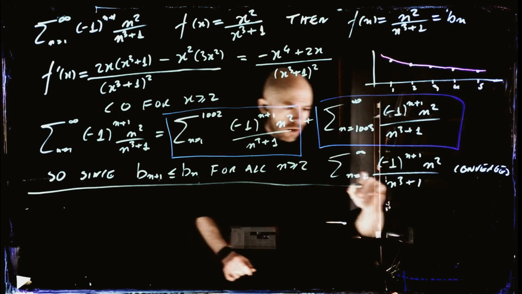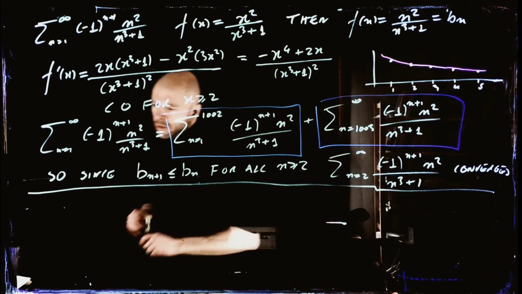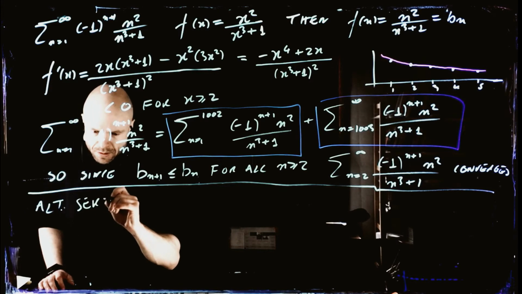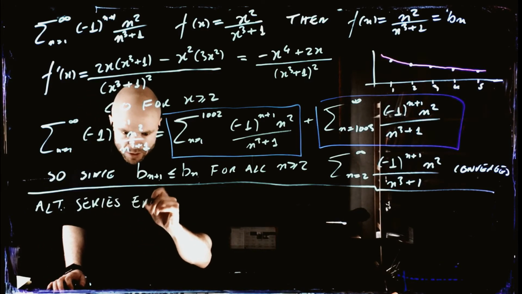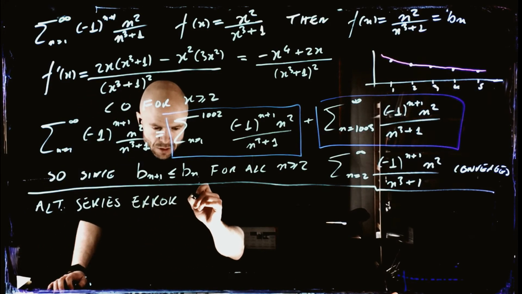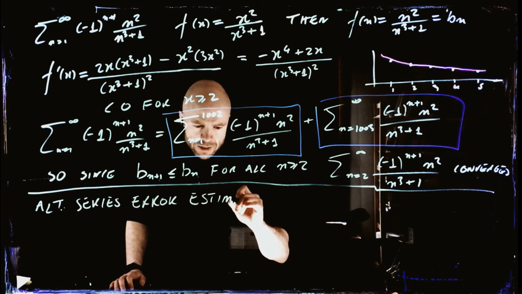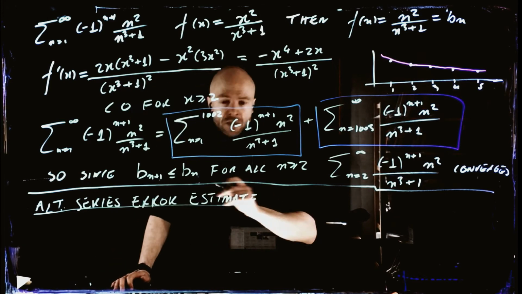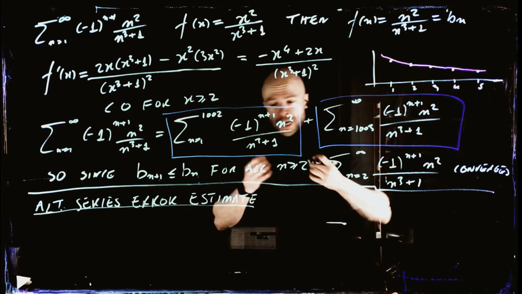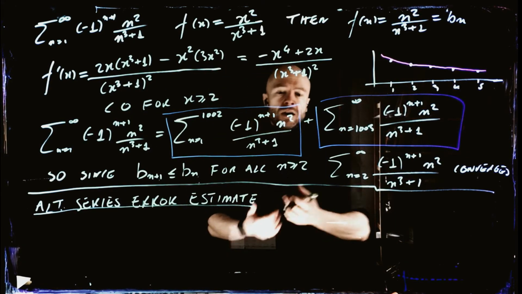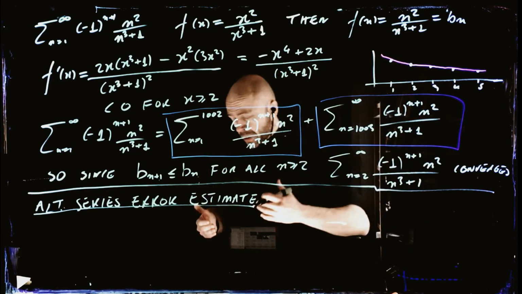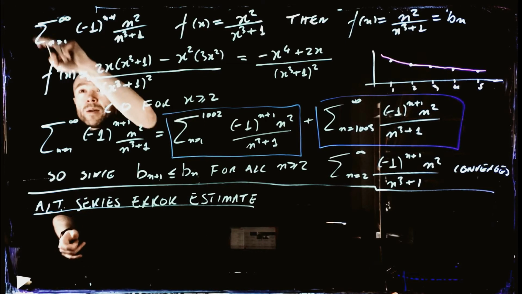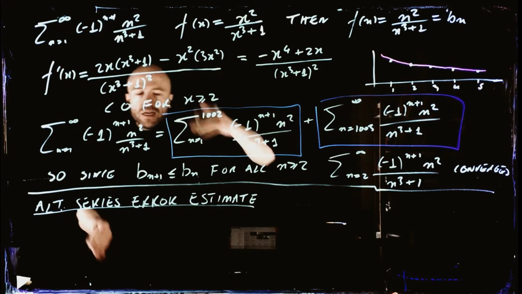Now we're going to talk about the alternating series error estimation. As I talked about with respect to the integral test, we have the capacity to actually detect how close our partial sum is to the actual answer, which is incredibly useful because we can't write a program to actually compute this because nothing lasts forever, right?